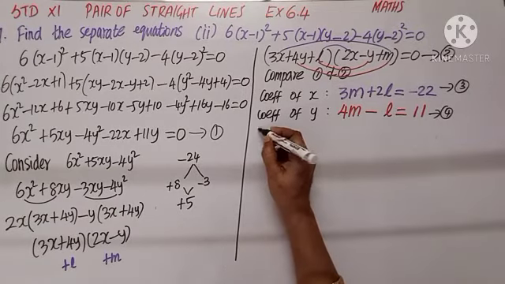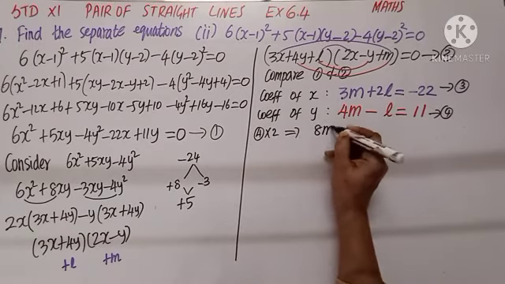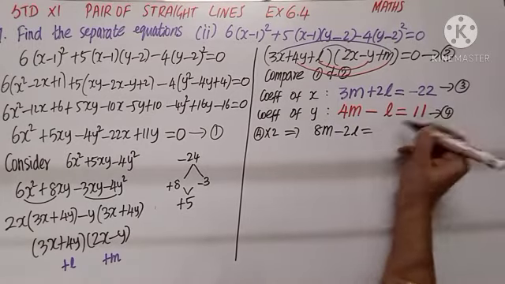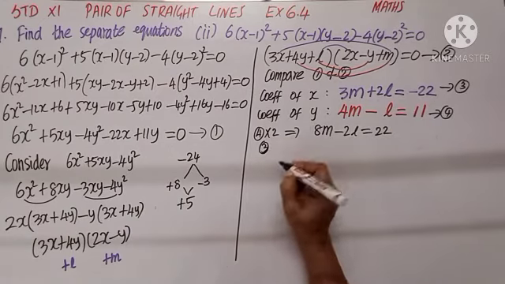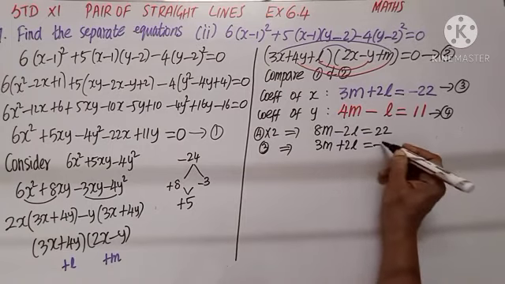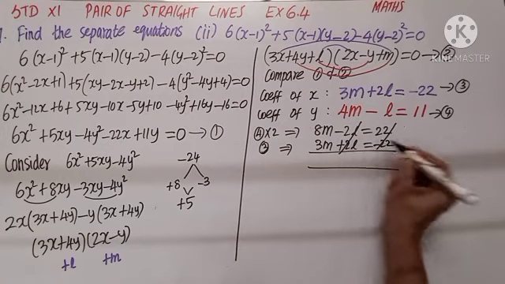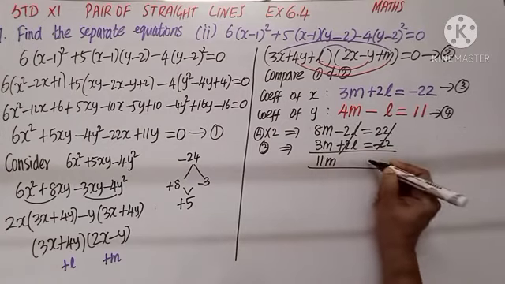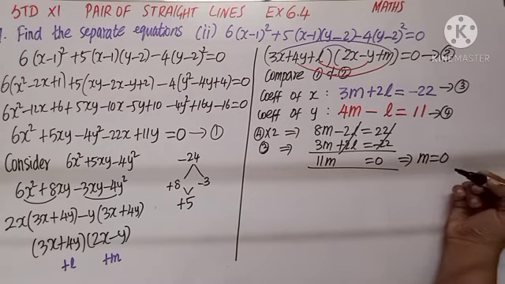Let me multiply the fourth equation by 2. I get 8M minus 2L equals 22. And the third equation, let us write as it is: 3M plus 2L equals minus 22. Adding, I cancel these two. 11M is 0, which implies M equals 0.